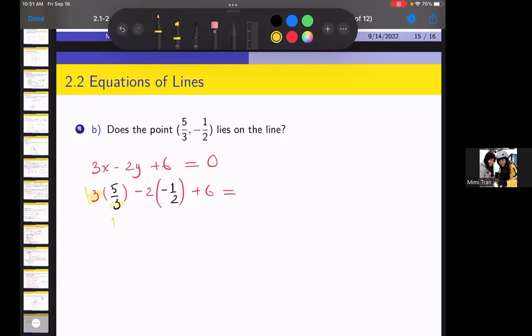One here and one here. Same thing with this one and this one, right? So just the 2 and the 2, not the sign. 1, 1. So what do I have? I have 5 plus 1 plus 6, which is 12, which is not equal to 0. So nope.